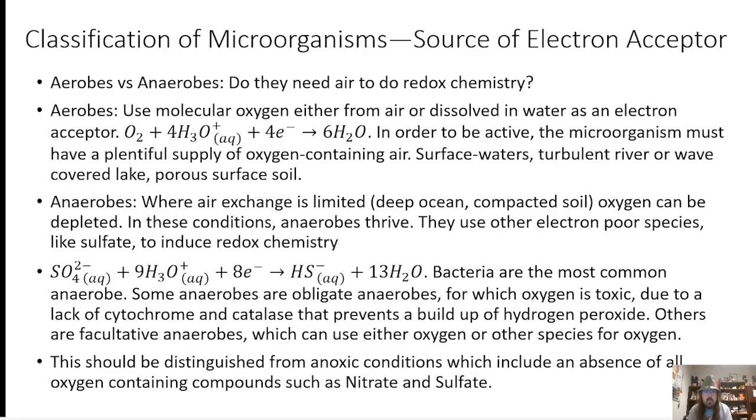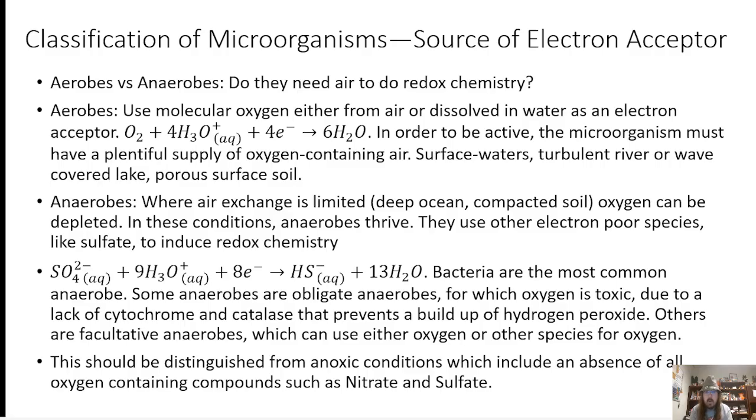Anaerobic conditions are where the air exchange is limited, like the deep ocean, where the oxygen has to come from the air and slowly filter down to the deep ocean. That's not very easy. Compacted soils are regions where oxygen can't easily diffuse through the soil.